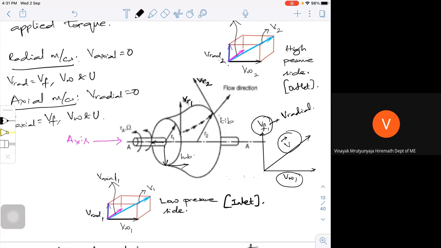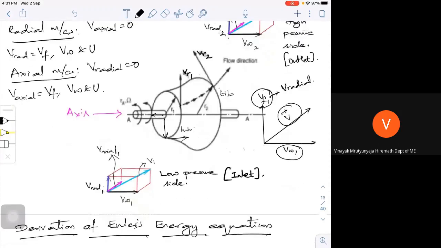Added to this, in the direction of VW, I do have U, because the wheel also rotates tangentially. So U and VW are always tangential.